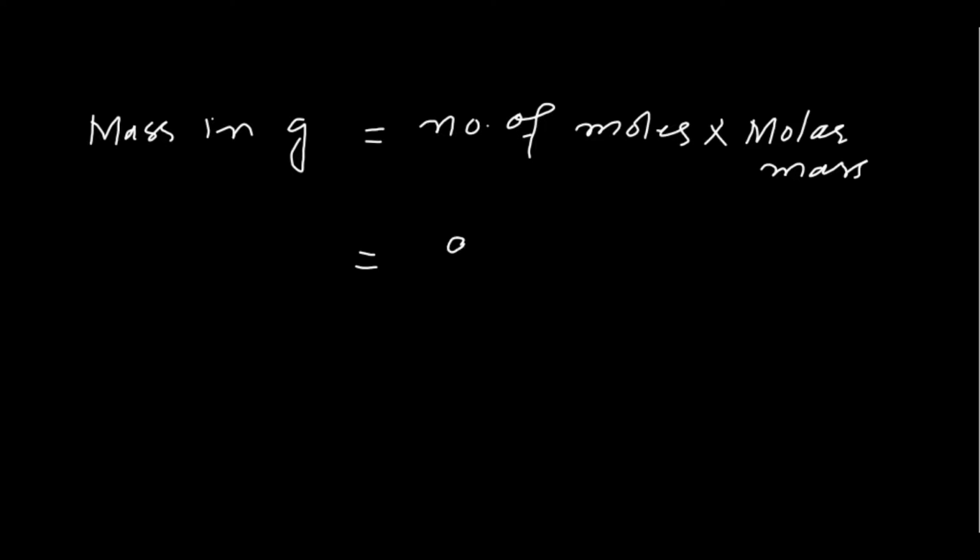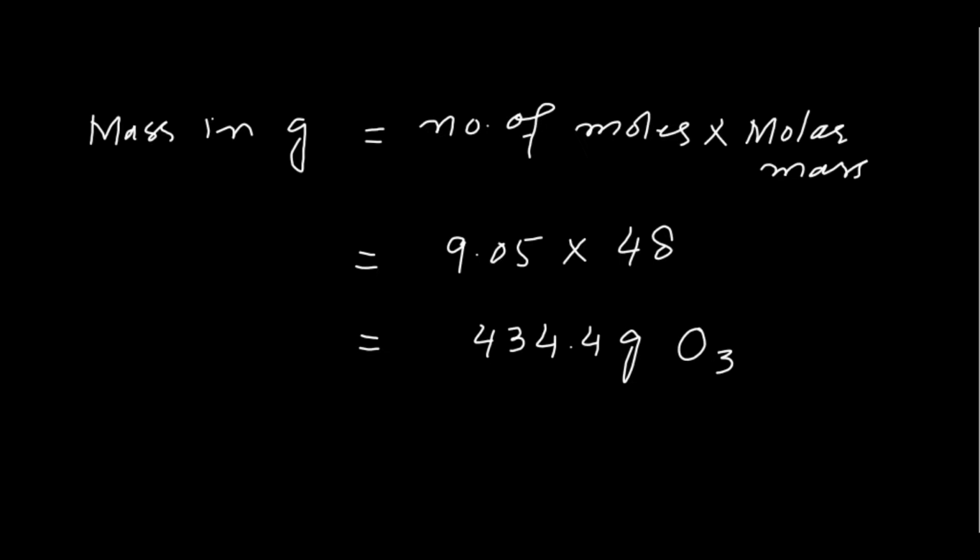We are given 9.05 moles of ozone and the molar mass of ozone is 48 gram. If we multiply 9.05 with 48, we will get the answer, that is 434.4 gram. So this is the mass of 9.05 moles of ozone.